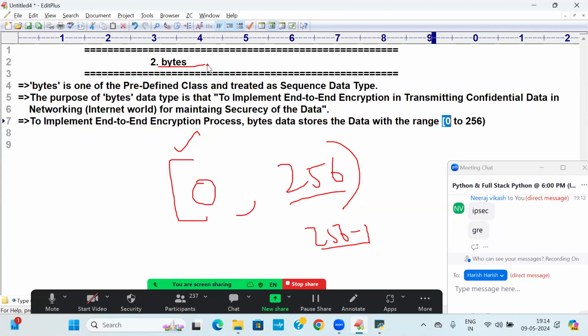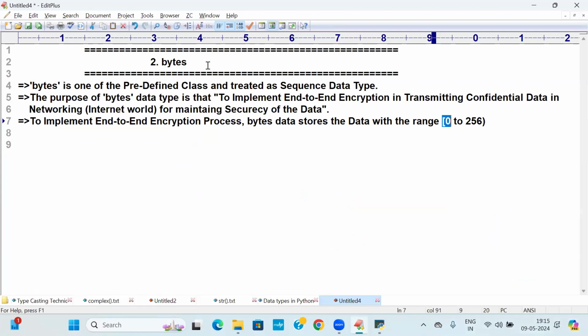At present, understand that end-to-end encryption is forward secrecy of the data. To do this, internally it maintains 256 values, ranging from 0 to 255. It doesn't mean it stores 0 to 256. Actually, 0 to 256 values are used to maintain end-to-end encryption. I hope you are following.